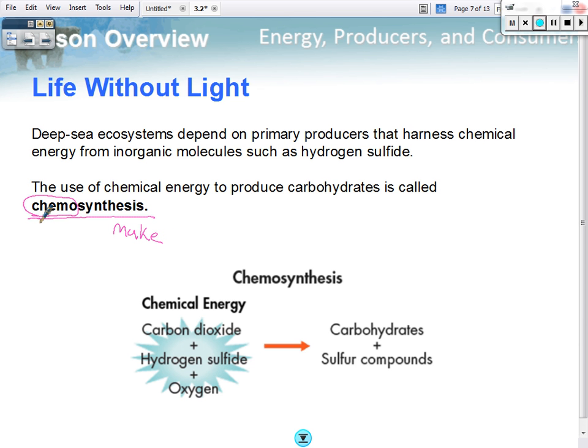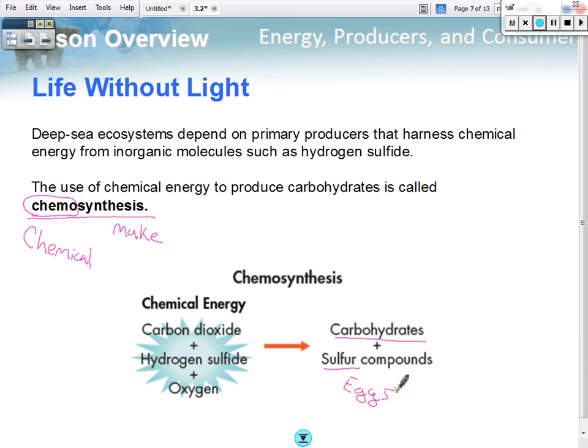We've seen another course like that. Maybe that is chemical. Exactly. In chemosynthesis, chemical energy, carbon dioxide, hydrogen sulfide, and also oxygen all come together, and you get carbohydrates and then sulfur. That's the stuff that smells like eggs.